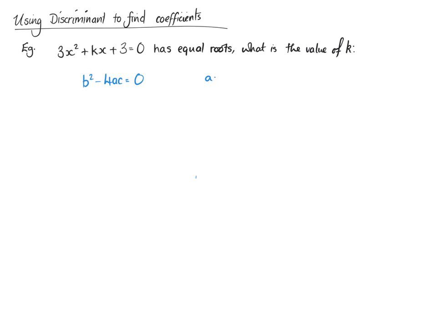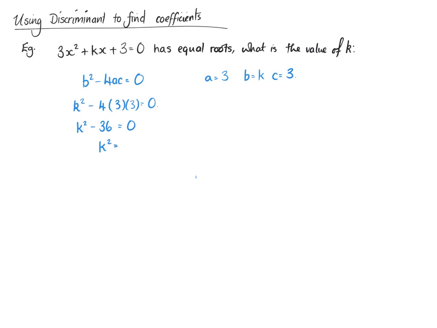Right, so we've got that a is 3, b is k, and c is 3. So we're going to have k squared minus 4 times 3 times 3 equals 0. So k squared minus 4 times 9, which is 36, equals 0.